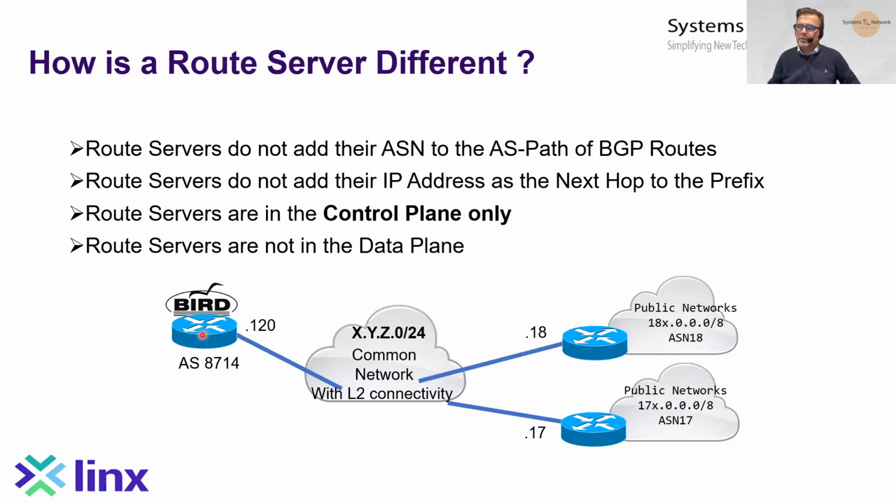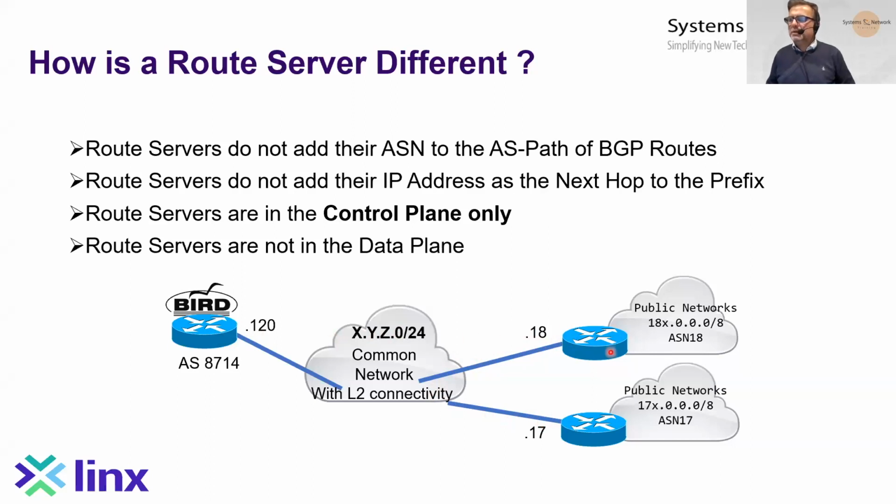It's peering with the route server, and it wants to advertise its routes to the router in organization 17 down here. So it doesn't directly have a peering session with 17, and 17 doesn't have a peering session with 18, but they individually have a peering session with the route server.